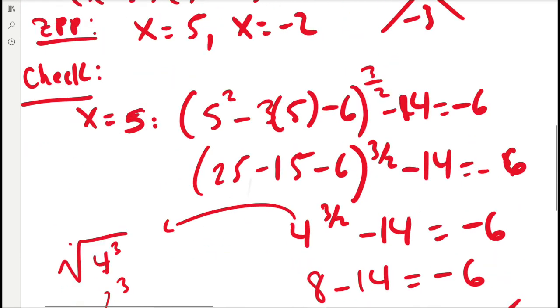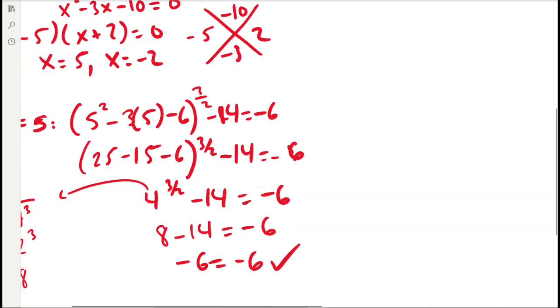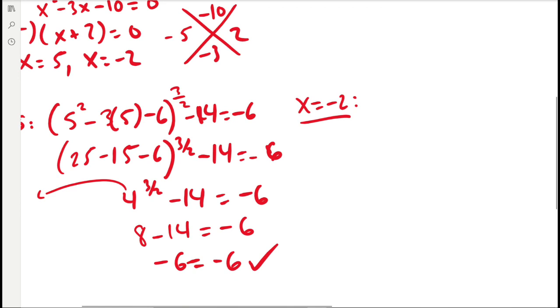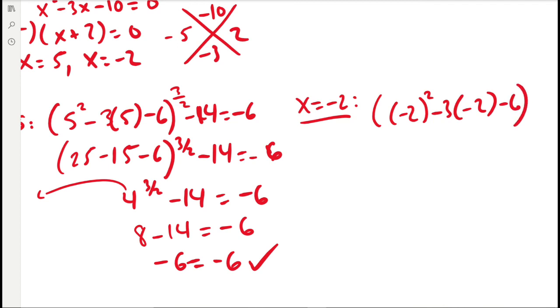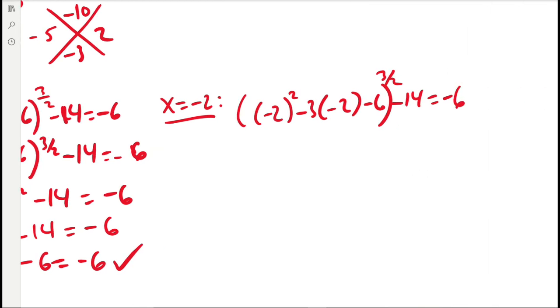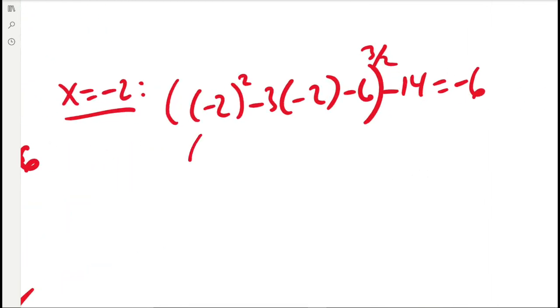Now let's check out x equals negative 2, and we'll do it over on this side. So we have x squared minus 3x minus 6 to the 3 halves minus 14 equals negative 6. So negative 2 squared is 4. Negative 3 times negative 2 is 6.